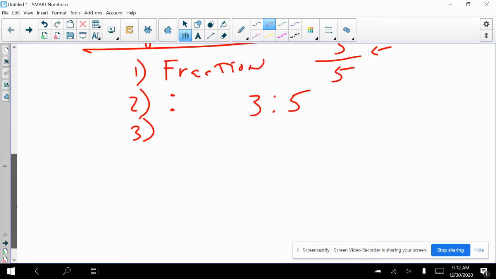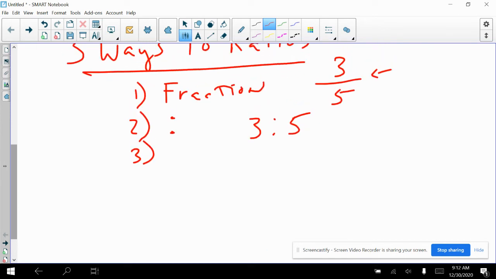And the last way, number 3, is to write the word to, T-O. 3 to 5. Okay, so those are the three ways that you can write it. Write a ratio as a fraction, 3/5, using the colon, 3:5, or using the word to, 3 to 5.